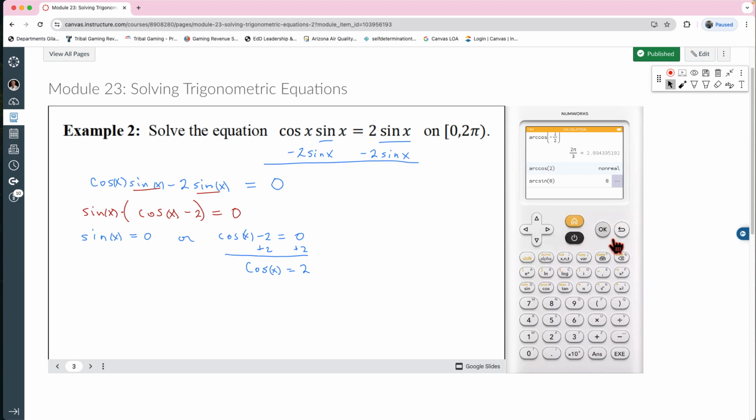One is at 0, and remembering that the inverse sine has only a range from negative pi over 2 to pi over 2, it's sort of the east half of the circle. But then on the west half, there is another place where sine would be 0, and that would be at pi. Okay, so sine of x is 0 in two places, 0 radians and pi.